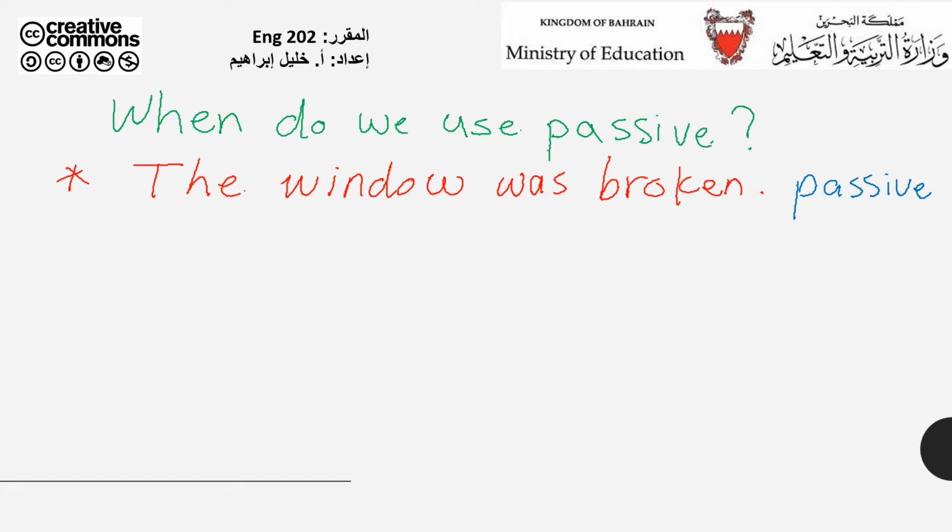Another use for passive is if we concentrate on the action itself more than the doer of the action.